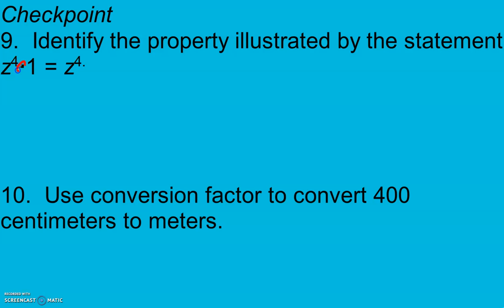Here, I can see that we're multiplying, so it's going to be a property of multiplication. Again, we're trying to find which property is illustrated here. Now, if I look on my left side, I have z to the 4th power.